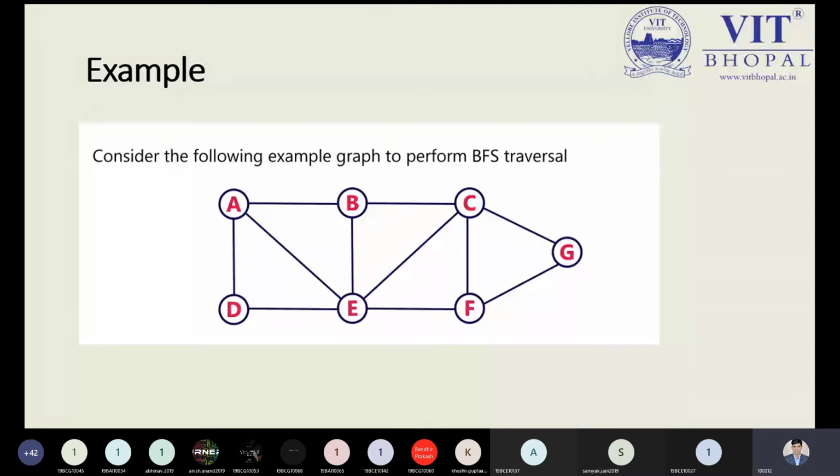Yes, who has solved this question? And who is solving?